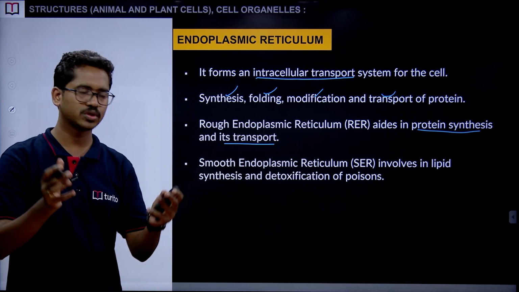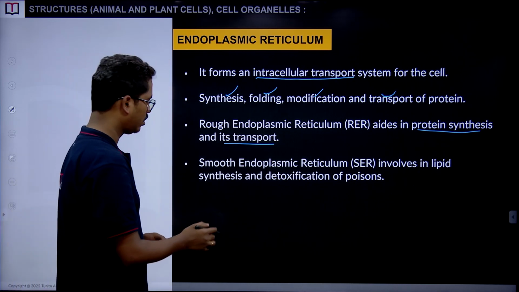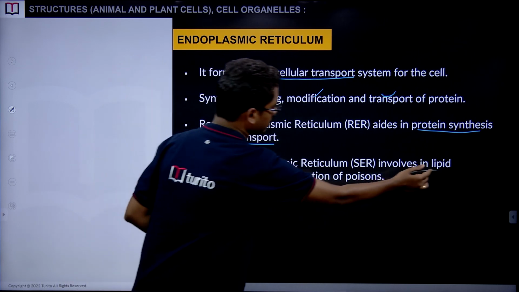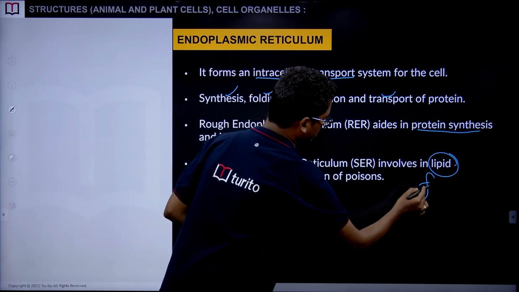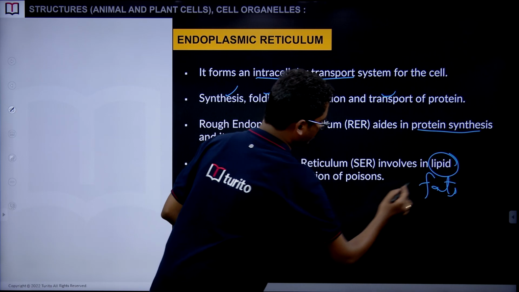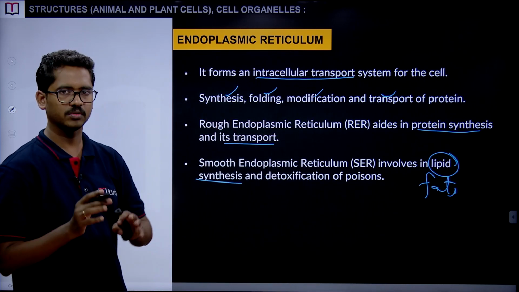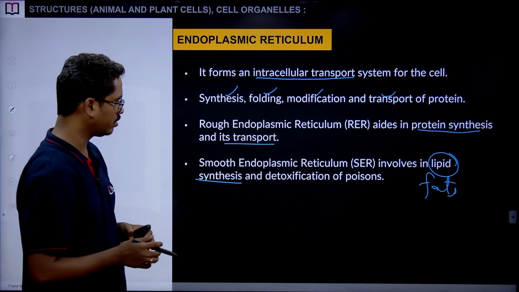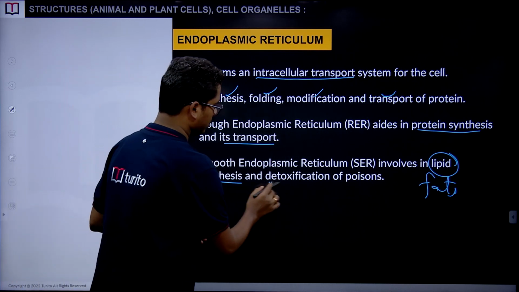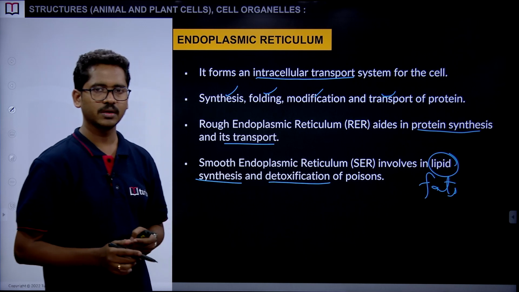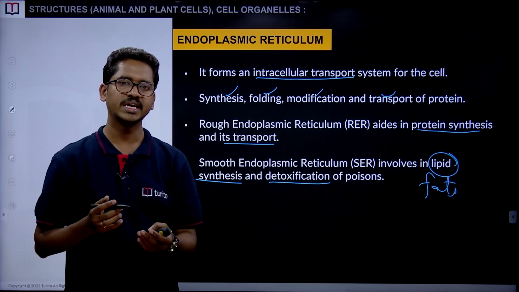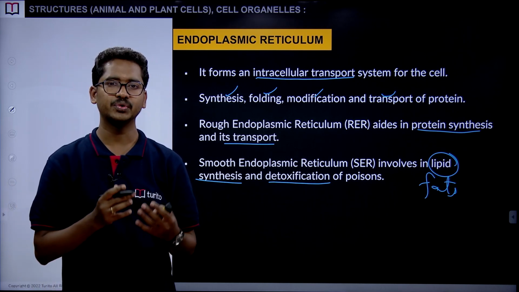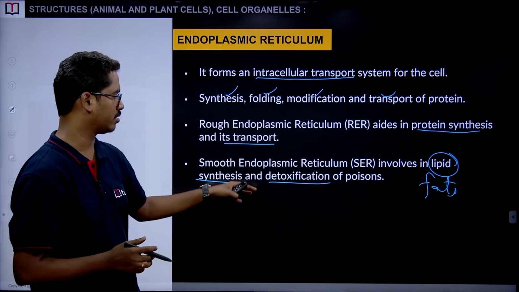And the smooth endoplasmic reticulum is involved in synthesizing lipids which are quite closely related to fats. So, they are highly related to fats, lipids, okay. And also it helps in neutralizing the poisons.